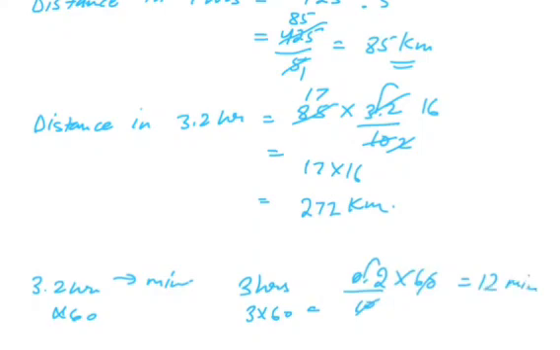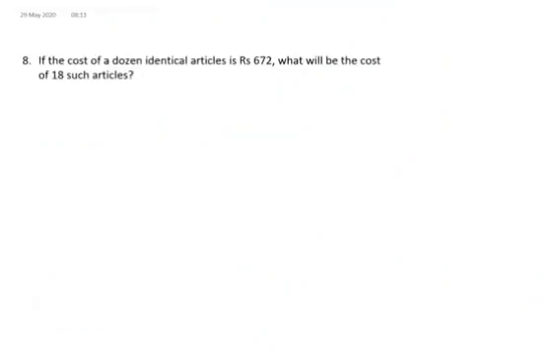So 3.2 hours means 3 hours 12 minutes. Okay, but this is not there in the question, so don't panic about it.